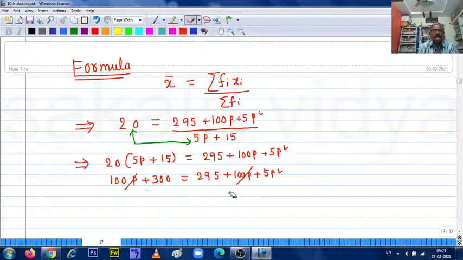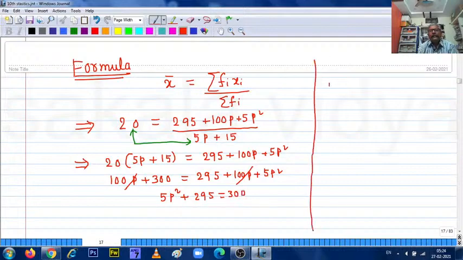Now see here: 5p square plus 295 equal to 300. Now 5p square equals 300 minus 295, so 5p square is equal to 5. P square equals 5 by 5, that is 1.